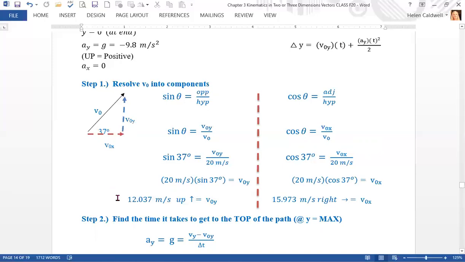If you don't, you need to ask me for help. So 12.037, the units are meters per second. You must write down meters per second. And you have to tell me which way does it point. And in our drawing, it went up, so we will write down up. You don't have to do the word and an arrow. I just like the redundancy. And you also need to tell me what it's equal to, so V0y.